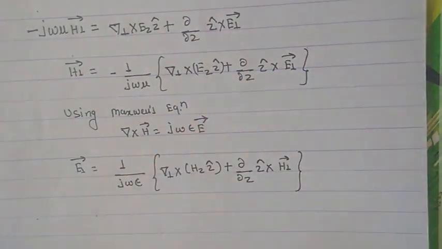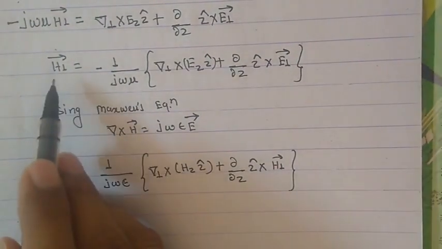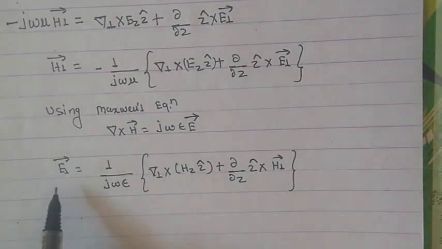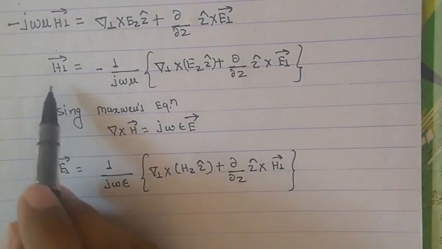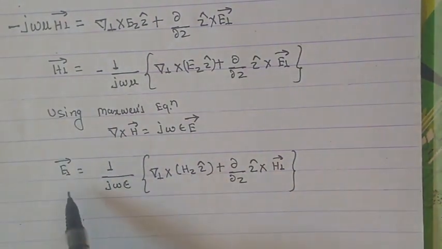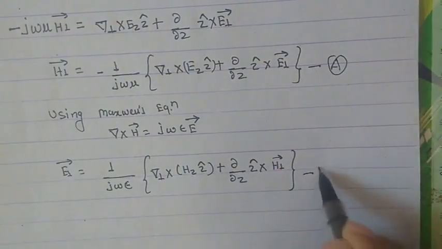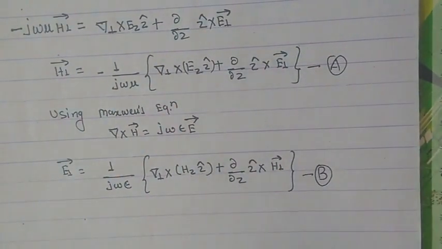So what we have obtained are H transverse and E transverse. These are the transverse field components for the magnetic and electric fields. Let us call this equation A and this B.